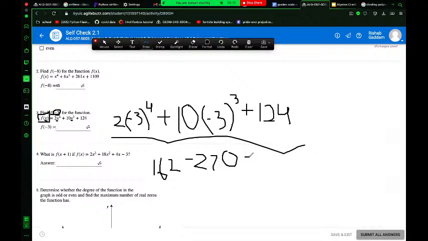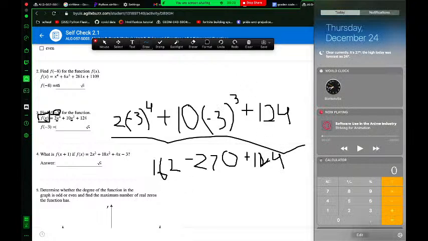Then you add 124, and because there's no x in 124, you don't have to do anything to it. Let's use the calculator: 162 minus 270 plus 124, and you get 16. That's the answer.